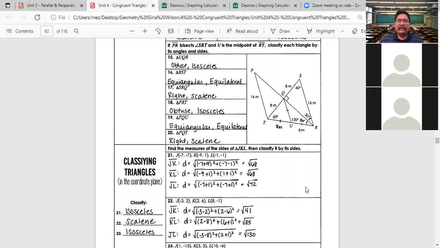Oh boy. So it looks like we're gonna have to do the same thing, classify the triangles using this diagram here. And again, we use the endpoints of each segment. Segment, that's the word. Okay. And with this one down here, I'll get there when I get there actually.